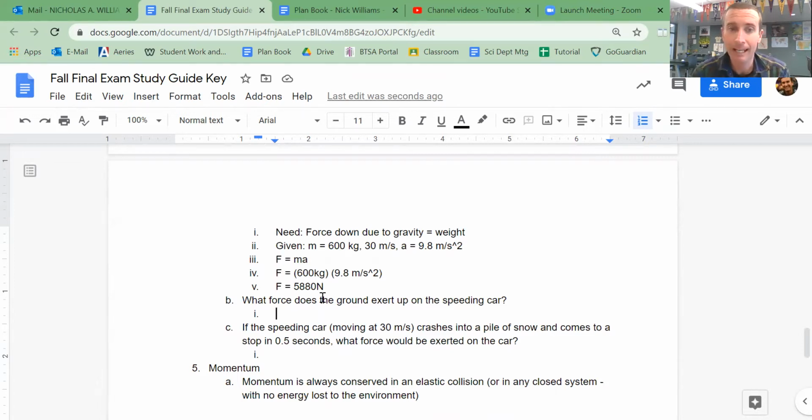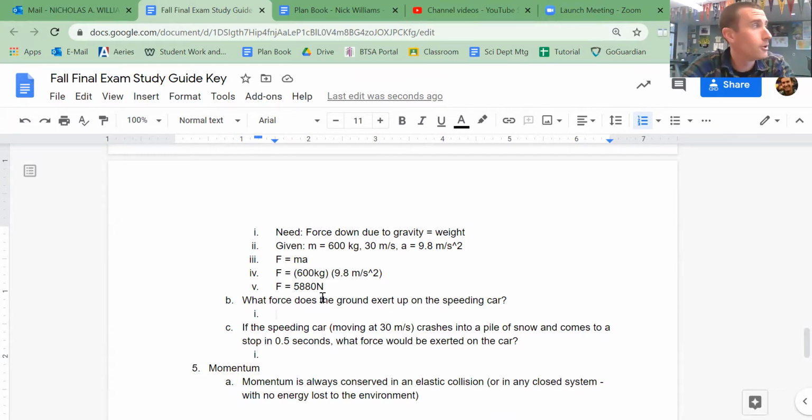Welcome back. So the force that the ground exerts up on the speeding car, well, I know that every force has an equal but opposite force. And in this case, the car is not sinking into the ground, and it's not being lifted off the ground, so it's in equilibrium. So the two forces have to balance each other. Force down has to equal force up.